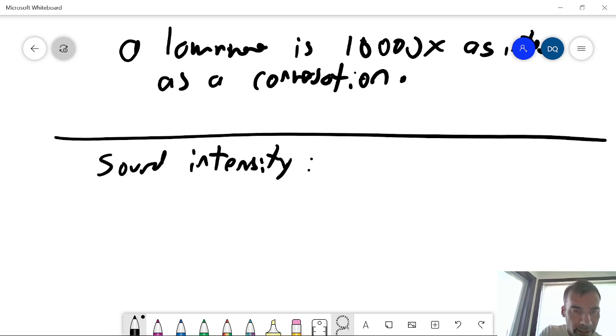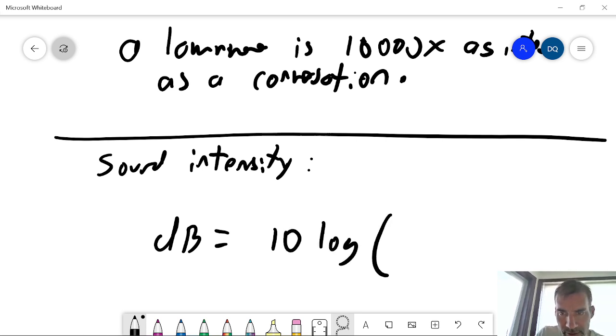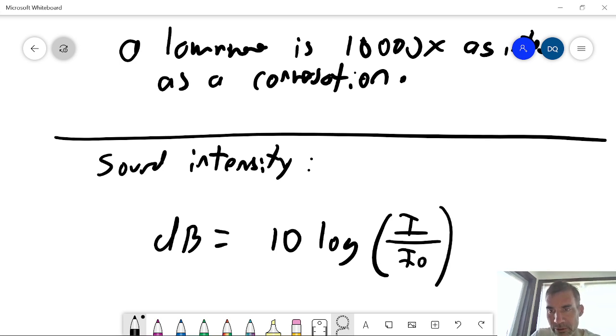So the decibel scale, a decibel is 10 times the log of the sound intensity of the sound that you're considering, divided by the threshold intensity of human hearing, where the threshold intensity is 10 to the minus 12.